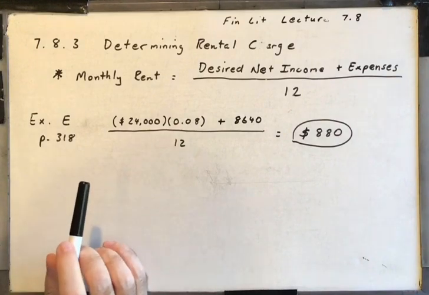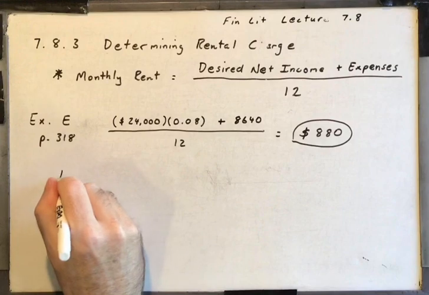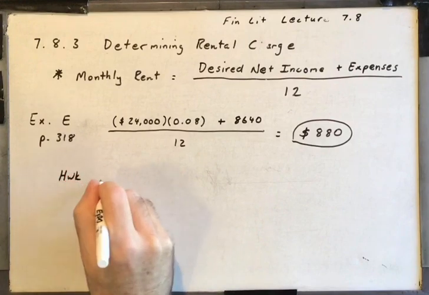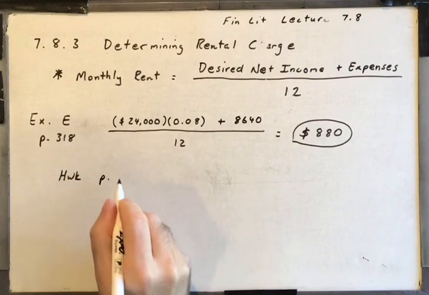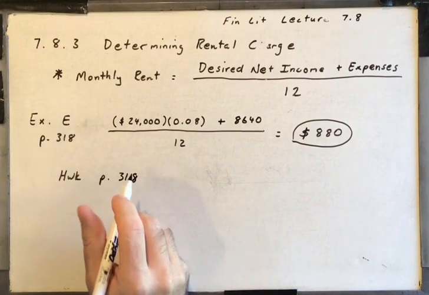All right, so that does it for the 7.8 lecture. The homework is on page 318. That's where it starts.